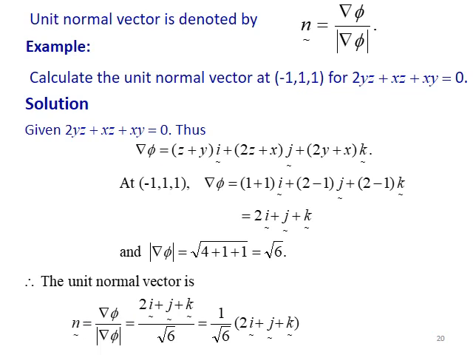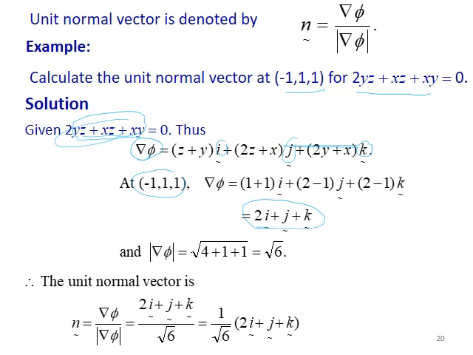Have a look here. The unit normal vector for this phi. As you can see here, I will find del phi. I will apply partial over partial x for this formula, multiply by i, and for this formula with respect to y, multiply by j, and this formula with respect to z, multiply by k, and then I will substitute the point x, y, z here and simplify.